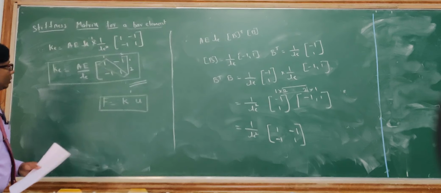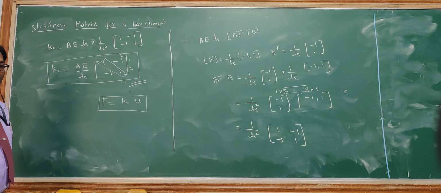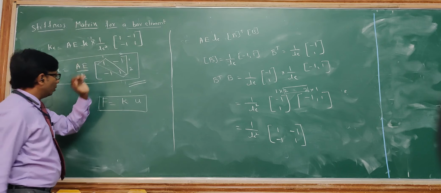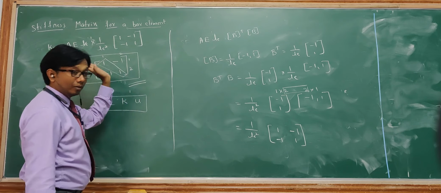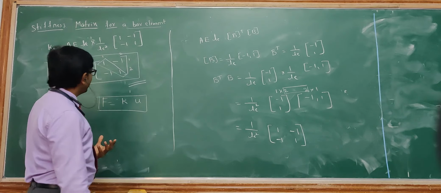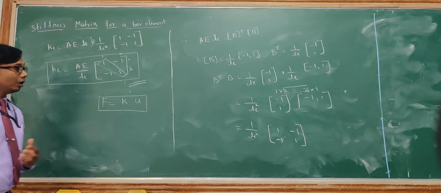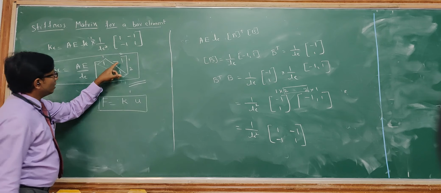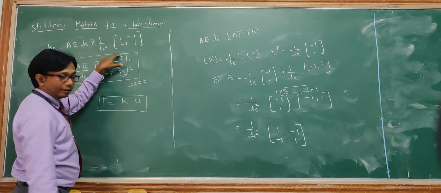Whatever elements are on the right and left hand side of the principal diagonal will be symmetric.